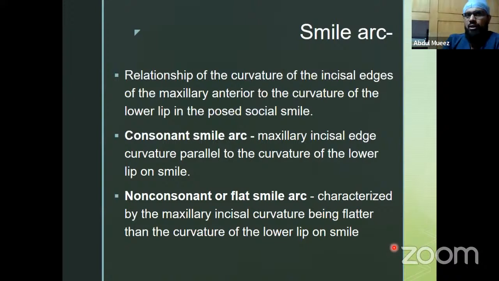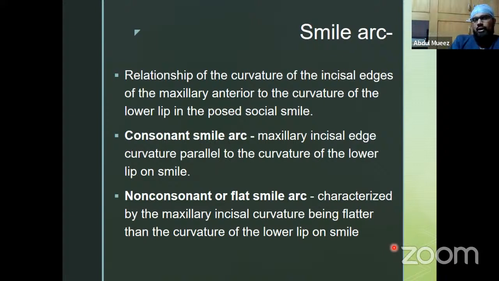Next component of smile is the smile arc. What is a smile arc? Smile arc is the relationship of the curvature of the incisal edges of the front teeth, that is the social six, to the lower lip. That is, the curvature of the incisal edges of the maxillary incisors to the curvature of the lower lip in a social smile.